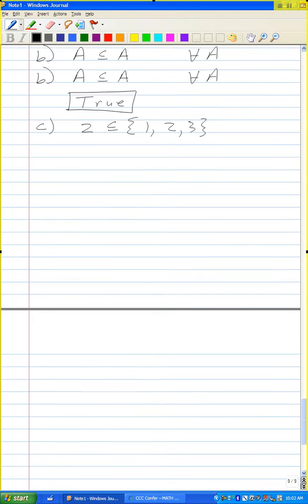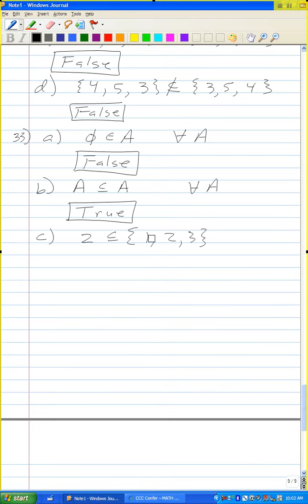Well, is every member of this set a member of the set containing the elements 1, 2, 3? Well, 2 is not a set, and so this is certainly a false statement, because there are no members of the set because it's not a set. 34.